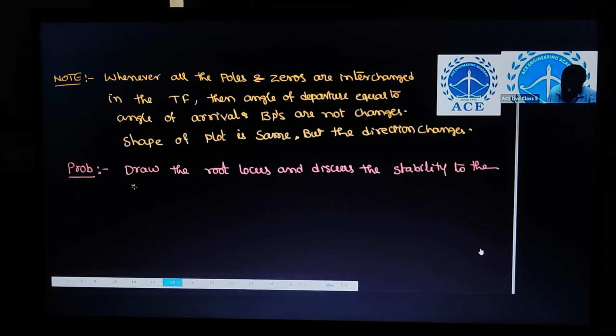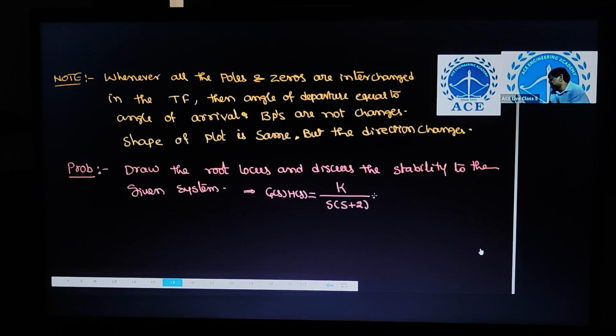The given system is G(s)H(s) equal to K by s into (s plus 2).